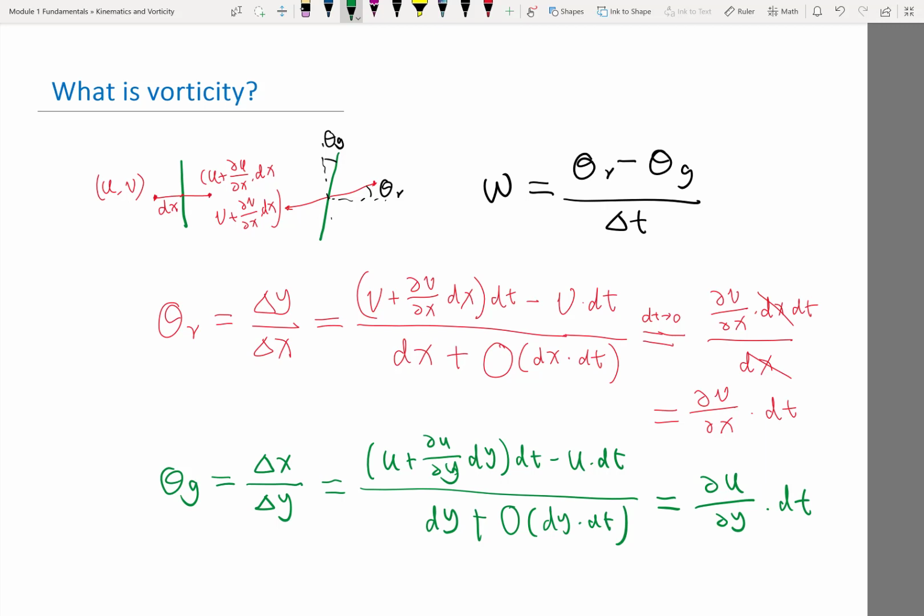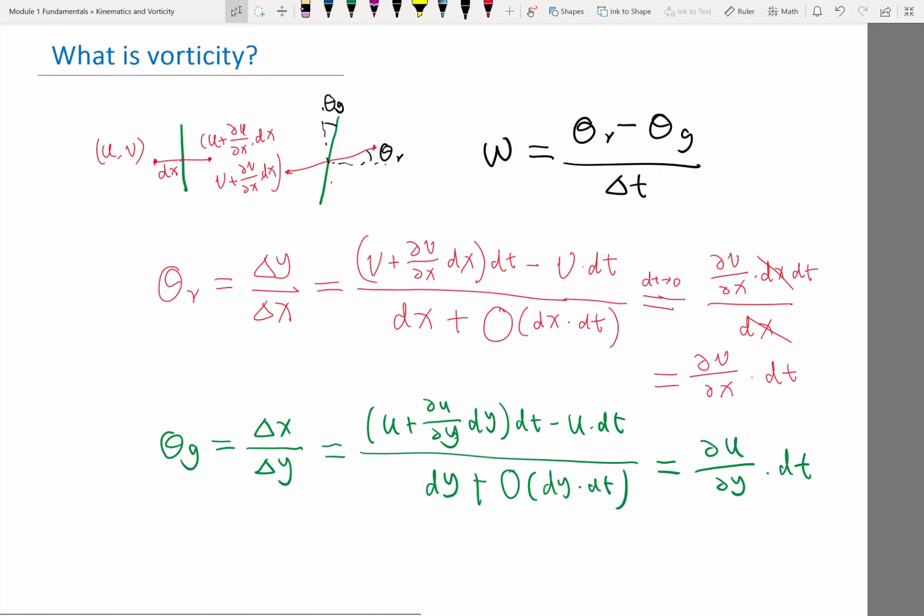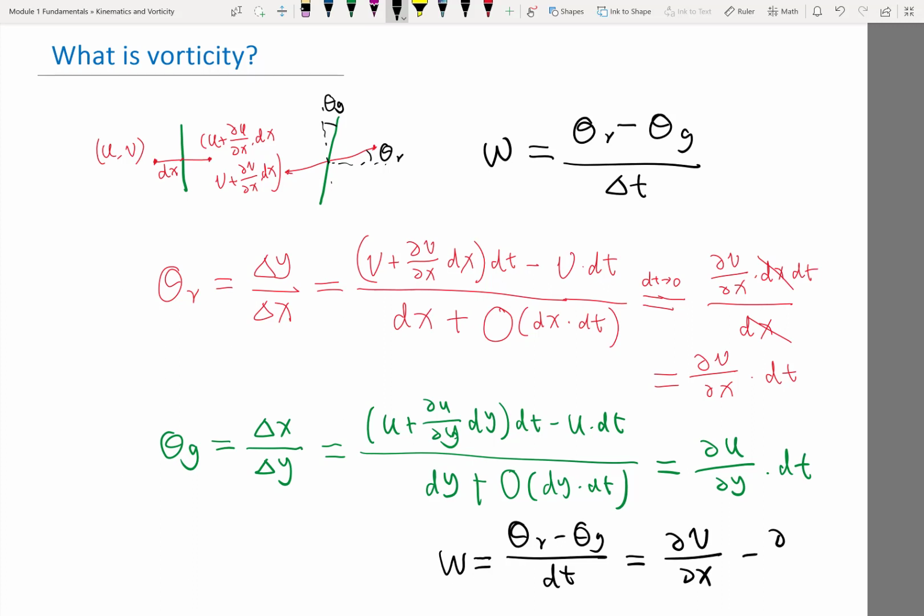Okay, so that means when I write down this formula of omega equal to theta r minus theta g divided by dt, what I get is partial v partial x minus partial u partial y.